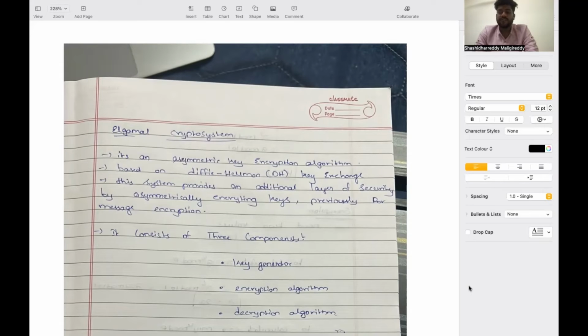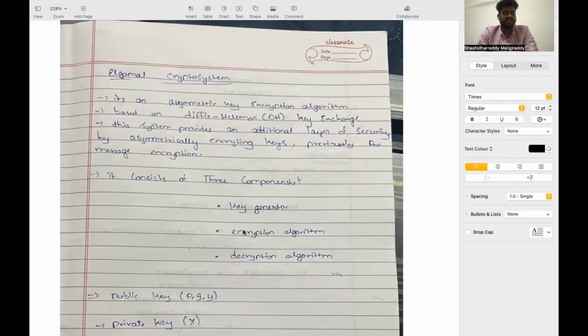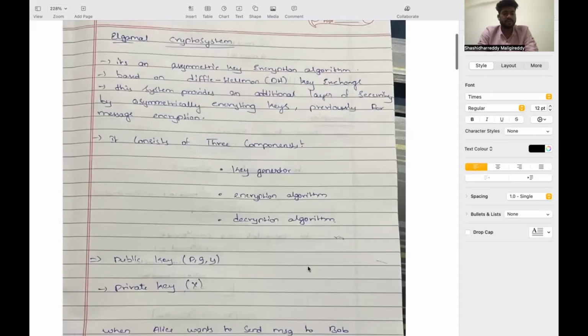It's based on the Diffie-Hellman key exchange, and the system provides an additional layer of security by asymmetrically encrypting keys previously used for message encryption. So it mainly consists of three parts: key generation, the encryption algorithm, and the decryption algorithm.